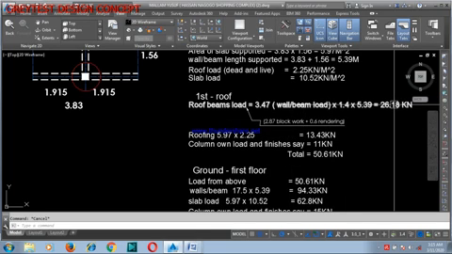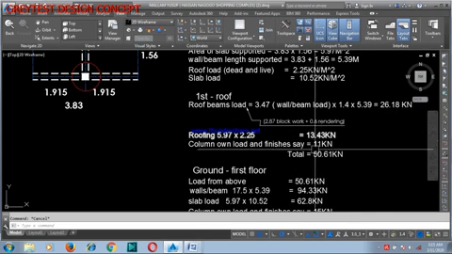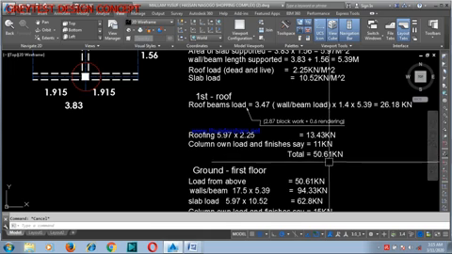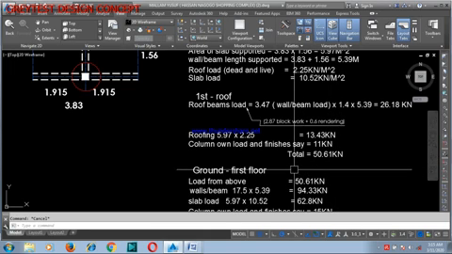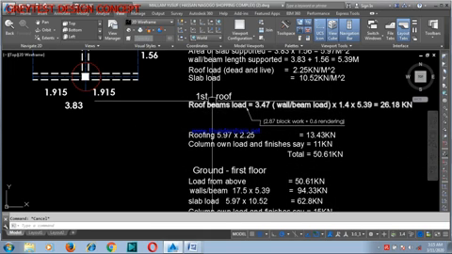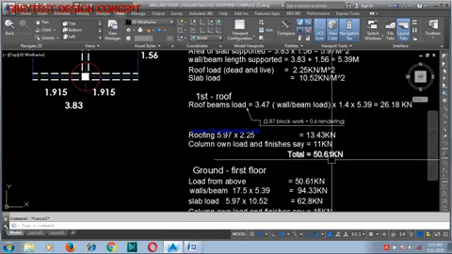Now when you sum this value plus this value plus this, it gives you 50.61. That's the load of the column from first floor to the roof.